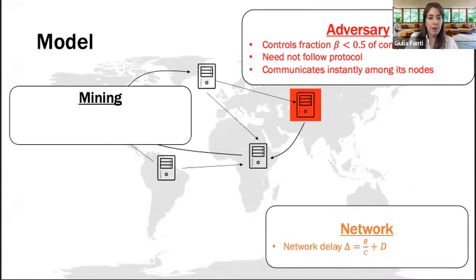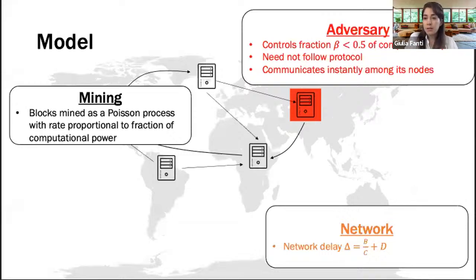In parallel, we're mining blocks according to a Poisson process. This is actually a very good model for how blocks are mined today in the Bitcoin network, so this is one case where modeling as a Poisson process is not a stretch. We model blocks being mined as a Poisson process with rate proportional to the fraction of computational power.